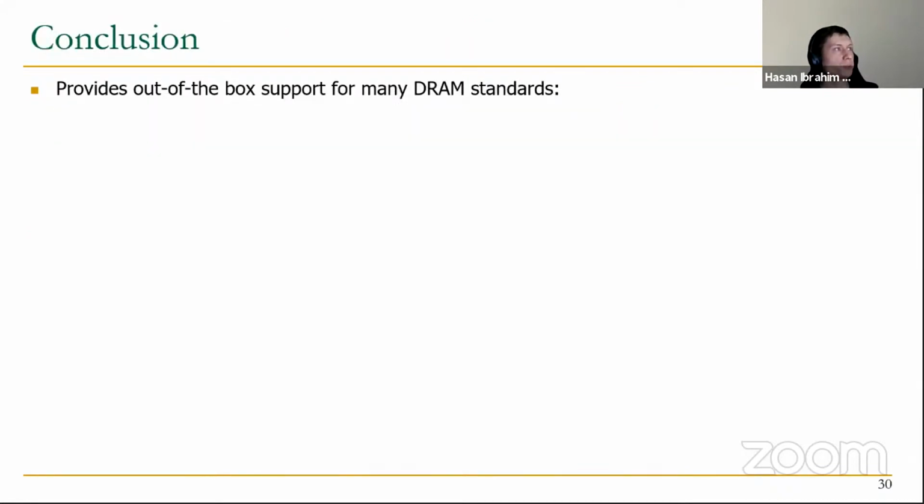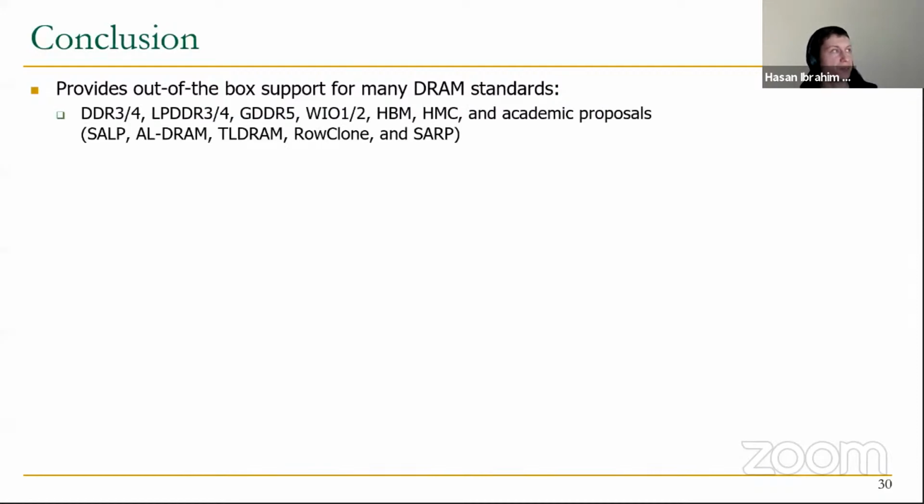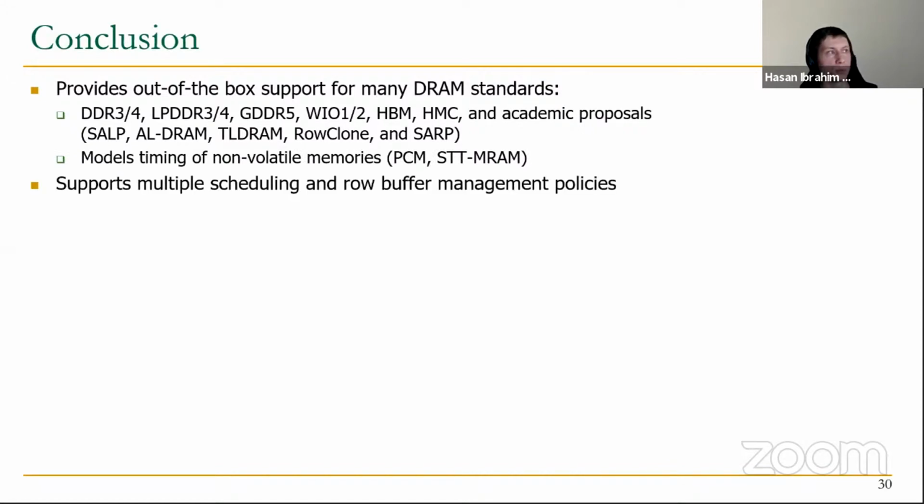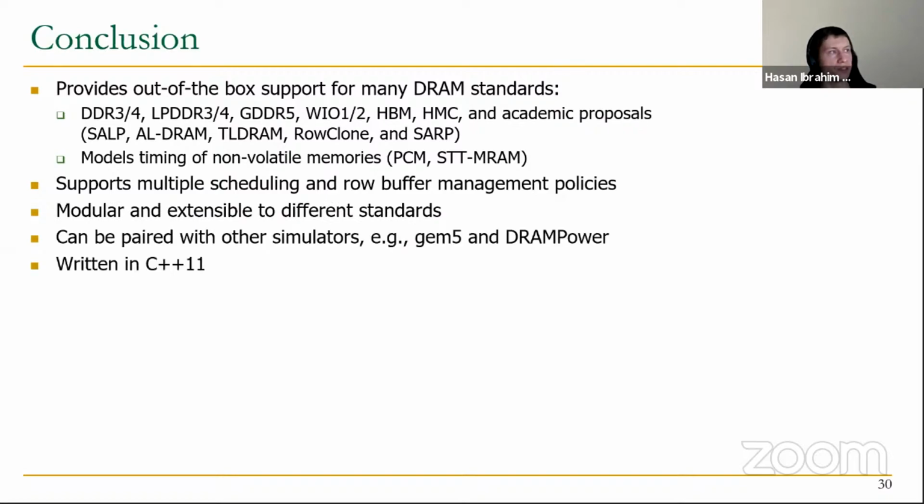In conclusion, Ramulator provides out-of-the-box support for many DRAM standards. Some of them are listed here. It models the timing of non-volatile memories, and it supports multiple scheduling and row buffer policies, which you'll look at more in the upcoming meetings. It is modular and extensible to different standards. It can be paired with other simulators, such as gem5 or ZSim, as in the previous slide.